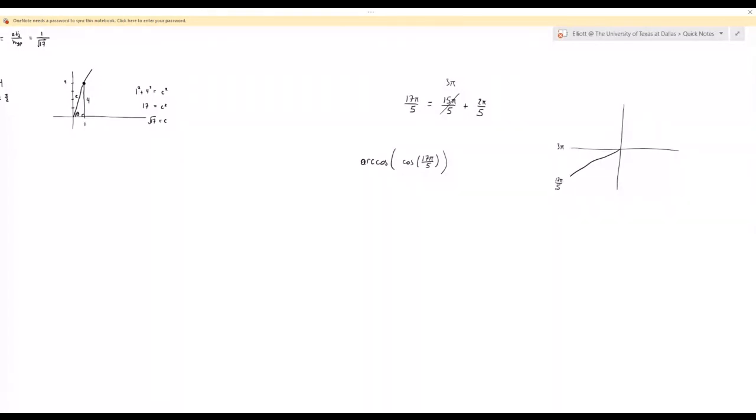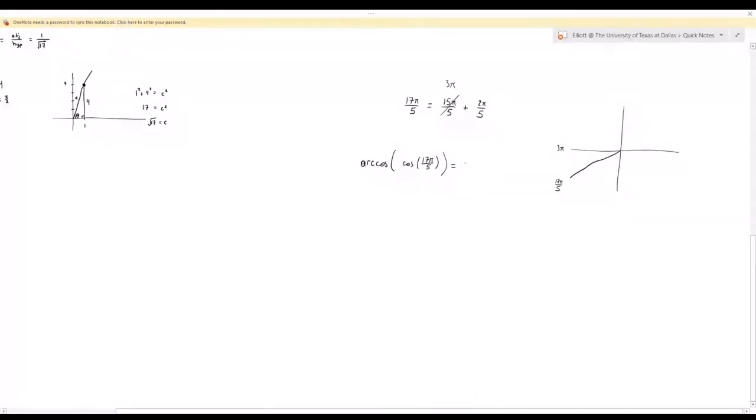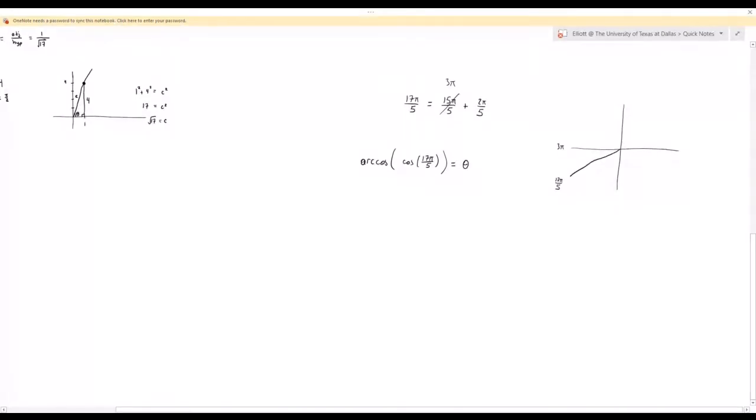Okay, so next, let me think. I know that arccosine in general, like all the other inverse trig functions, is going to be an angle. Now that angle theta has to satisfy two things.